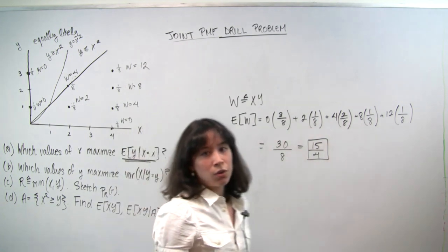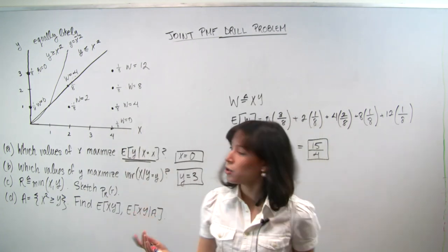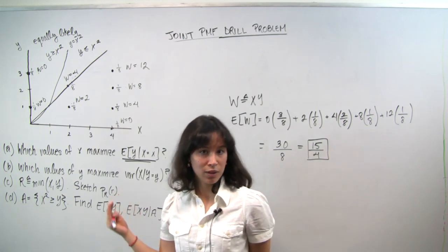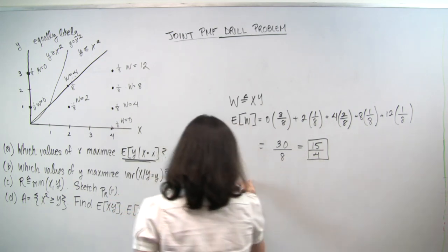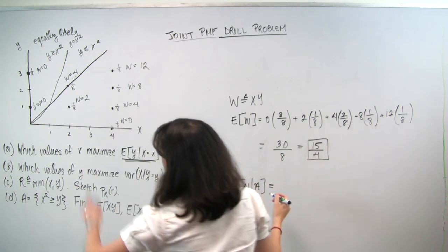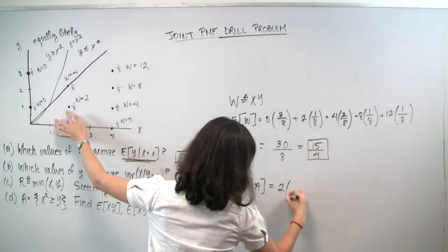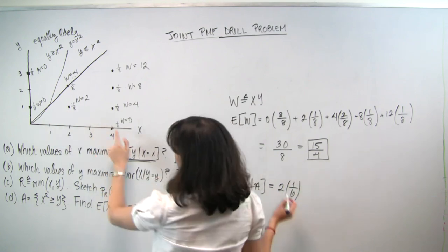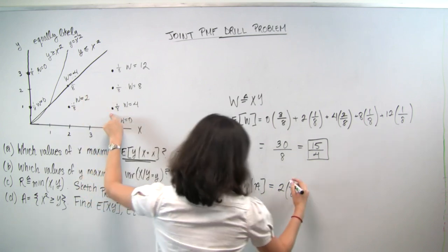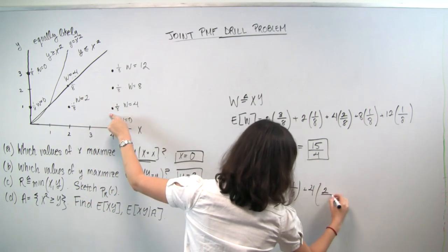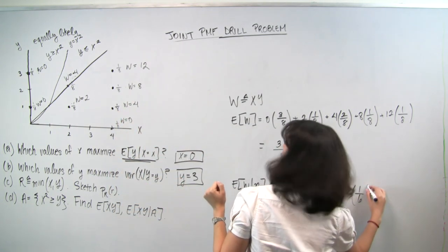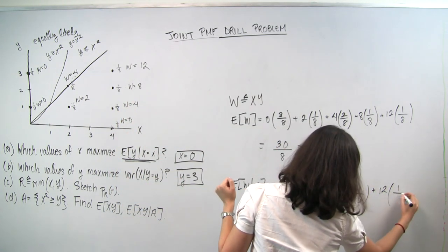And again, in the unconditional world, all of the points were equally likely. So in the conditional world, these 6 points are still equally likely. So they each happen with probability 1 over 6. So in this case, the expectation of W is simply 2 times 1 over 6, plus 0 times 1 over 6, but that's 0, so I'm not going to write it, plus 4 times 2 over 6, plus 8 times 1 over 6, plus 12 times 1 over 6.